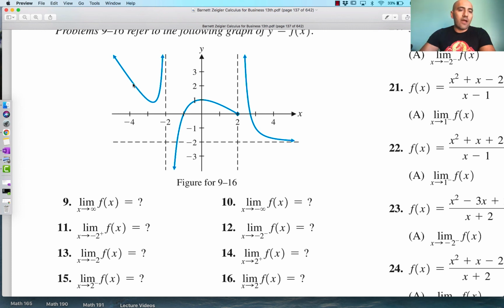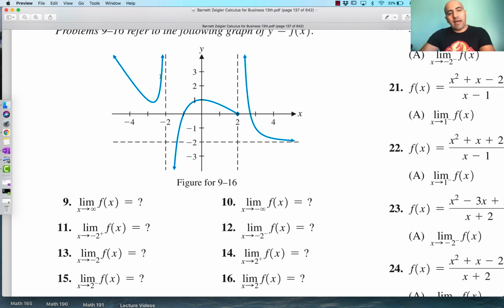So from this graph, we could see that it's heading that way. So that means it's heading toward positive infinity. From this graph, we could see that as x grows toward positive infinity, the output seems to be getting infinitely close to this horizontal asymptote there. Okay. On the other hand, from the graph, we could see what's happening as the input values get infinitely close to -2.